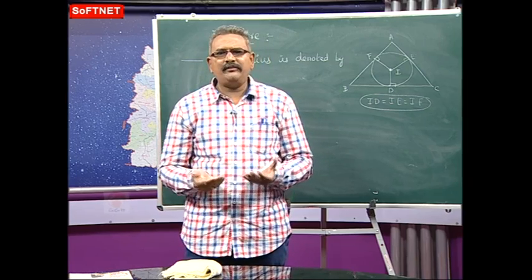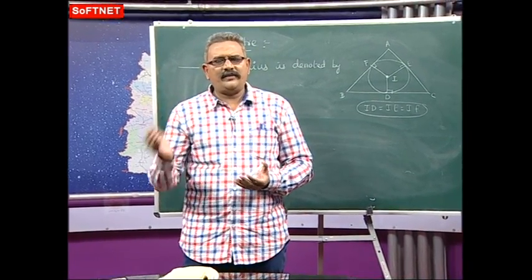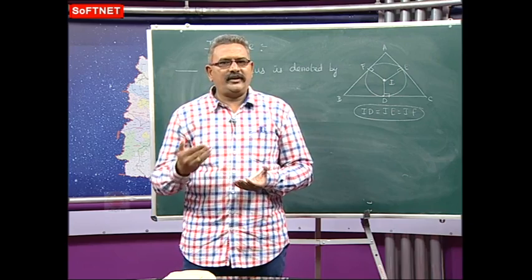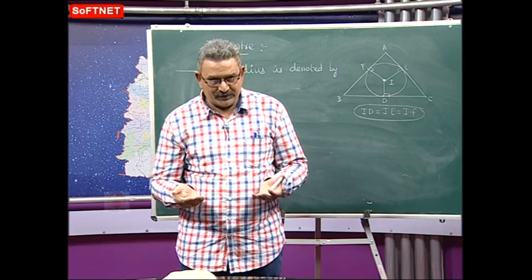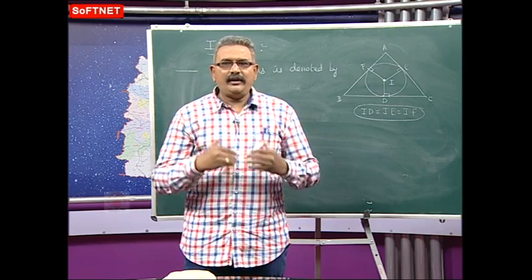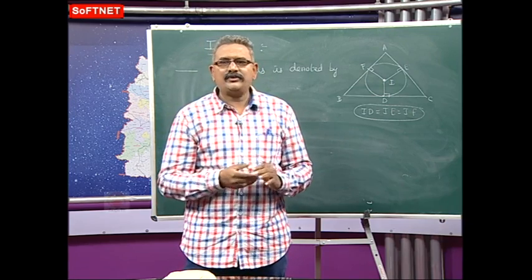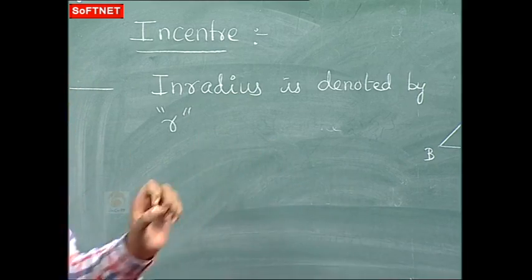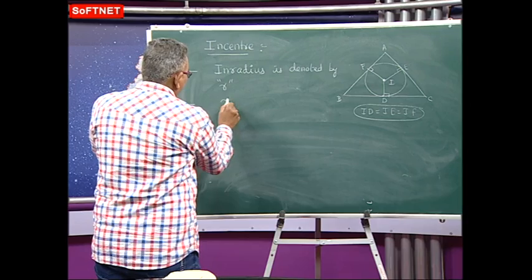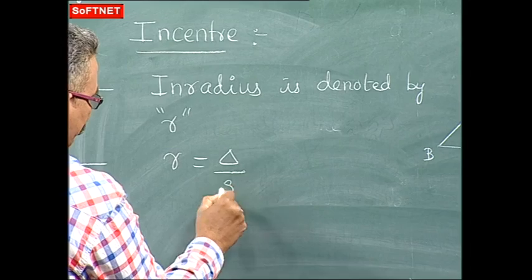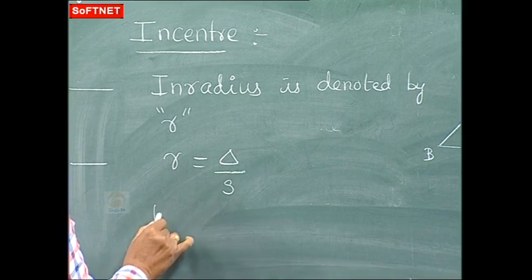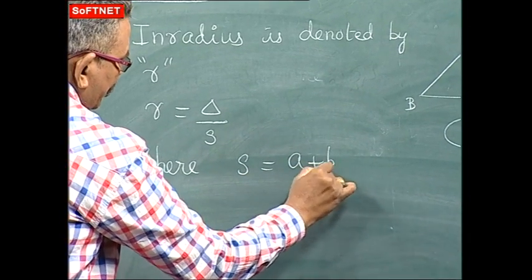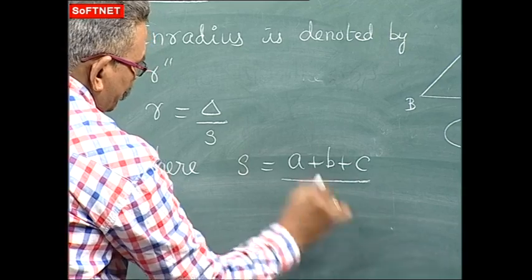The area can be calculated using Hero's formula, or for a right angle triangle easily, or for an equilateral triangle with root 3 by 4 a square. Better to follow Hero's formula itself. That is delta, for example. Then the in-radius is calculated as r is equal to delta by s, where s is the semi-perimeter, that is a plus b plus c by 2.